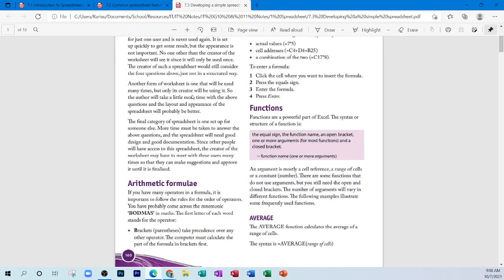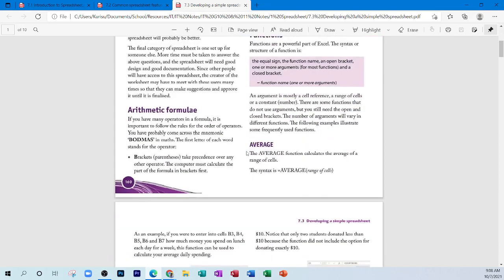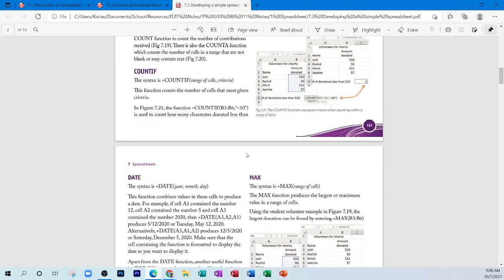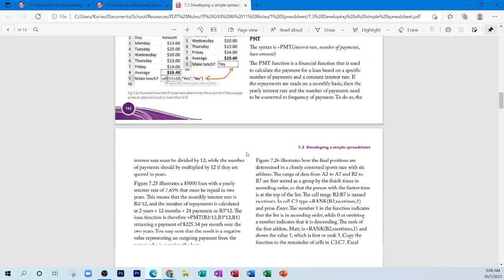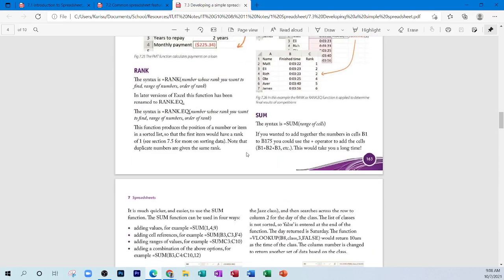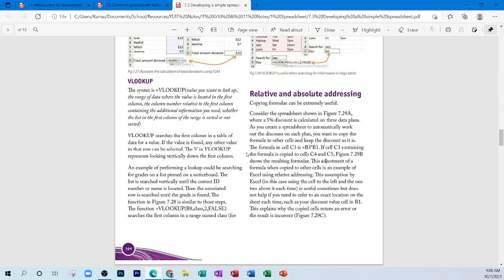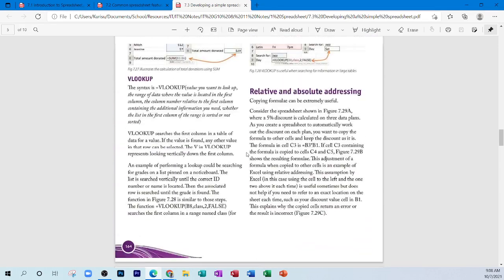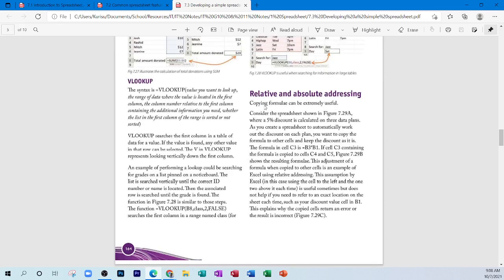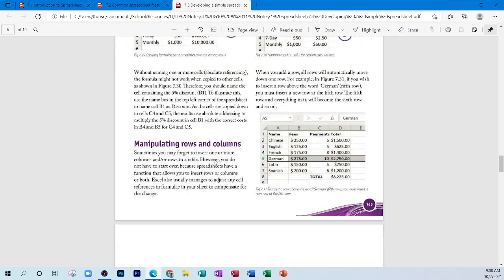What goes into developing a spreadsheet? And we're going to be looking more at functions. What are the other functions that would be useful to you in spreadsheets? And we'll also look at relative and absolute addressing, what they are.